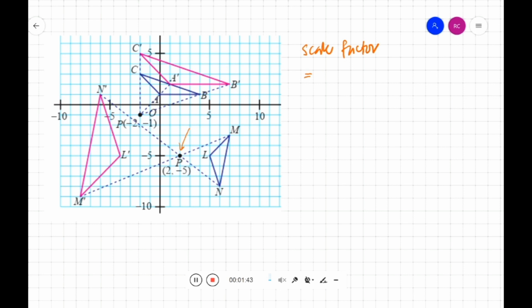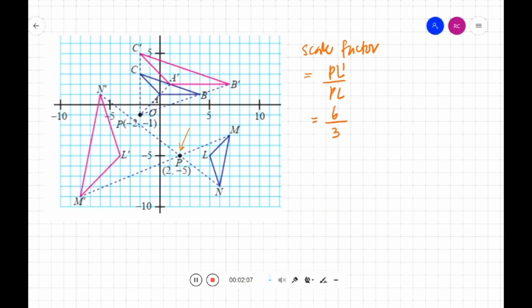So over here, from the center of the enlargement to point L, we can determine the number of boxes, which is 1, 2, 3, 4, 5, 6. So from the center of enlargement, PL prime over PL, it is equal to 6 over, and then now we look at PL, 1, 2, 3.